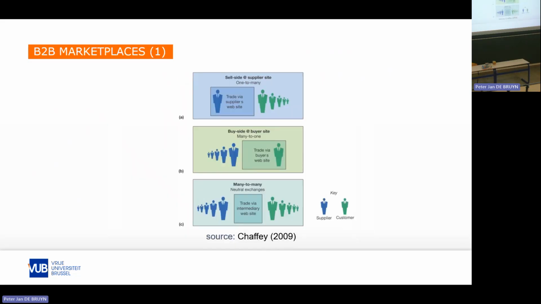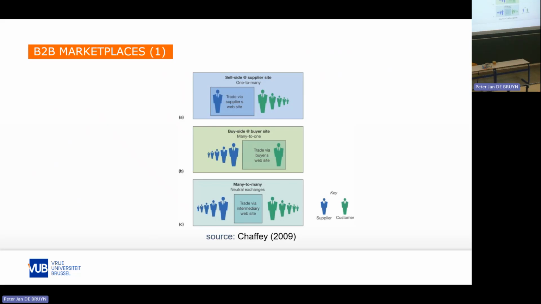What we also see as a nuance in these online marketplaces is that you can make a difference in the emphasis or the lead or the ownership of those marketplaces. Certainly in B2B markets, you see that sometimes the market is dominated at the sell side.